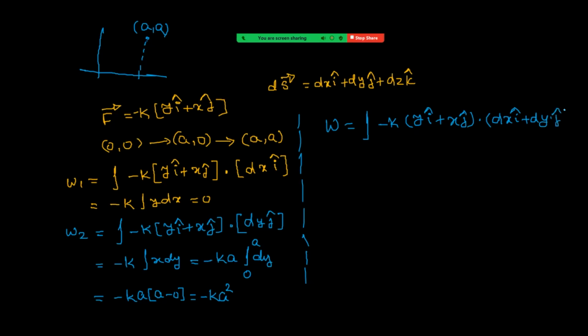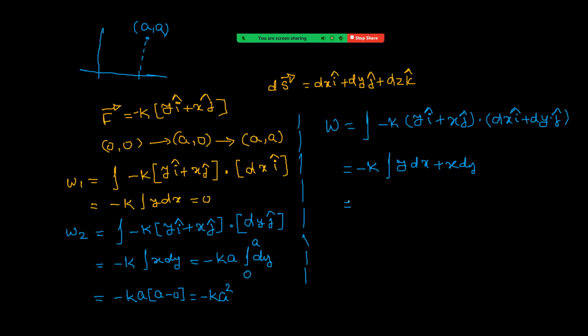Now take minus k outside, it's a constant. Remaining is integration of, see carefully, i cap dot i cap, that is 1. So y dx plus x dy.